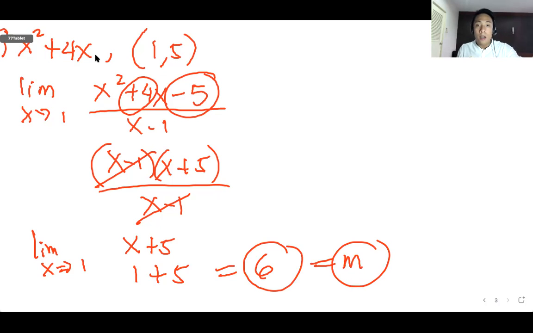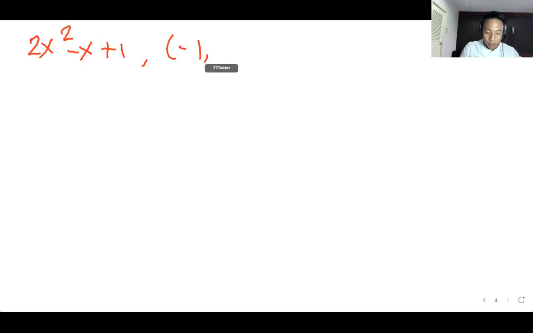Now let's proceed to number 4. Number 4, we have the given of 2x squared minus x plus 1, and the given point is negative 1 and 4. Let's put those on our formula.